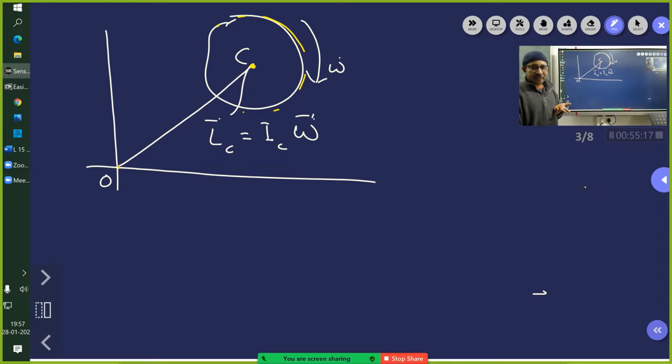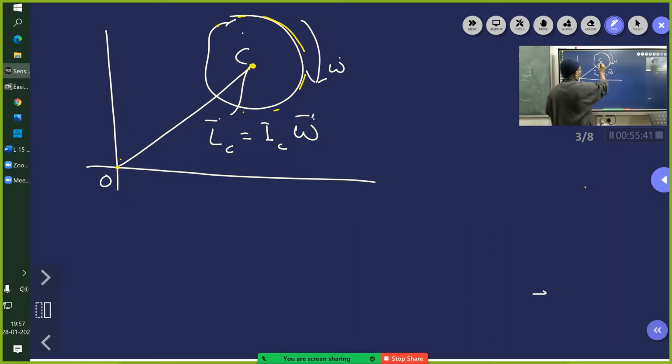With respect to O, that point is at rest. So with respect to this point, the angular momentum of this point is 0, while the angular momentum of this body with respect to this point is not 0.